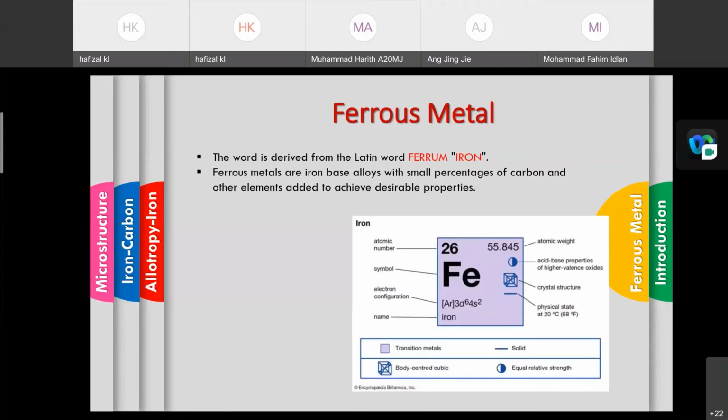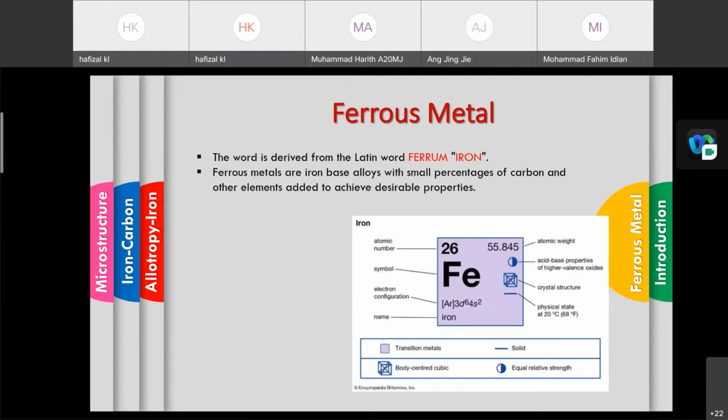Previously, we already learned about the hardness of material, which deals with putting a foreign element inside to make it harder. So the ferrous is also the same thing.